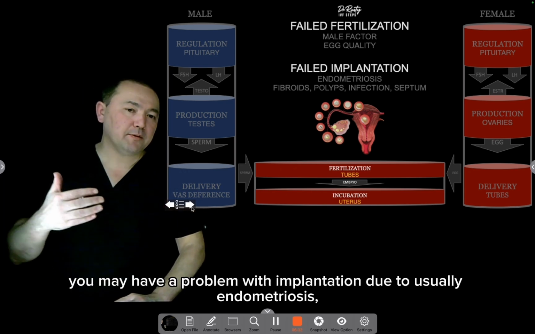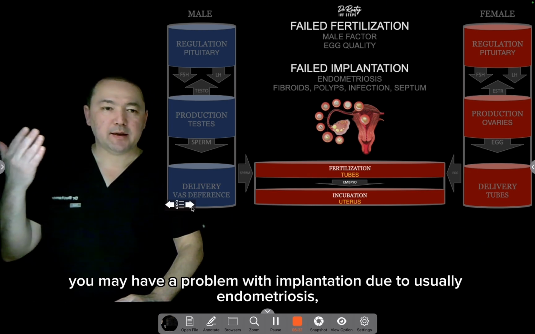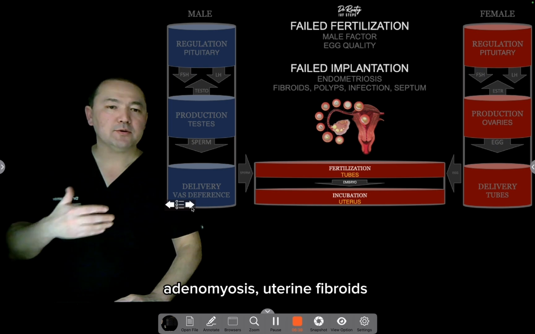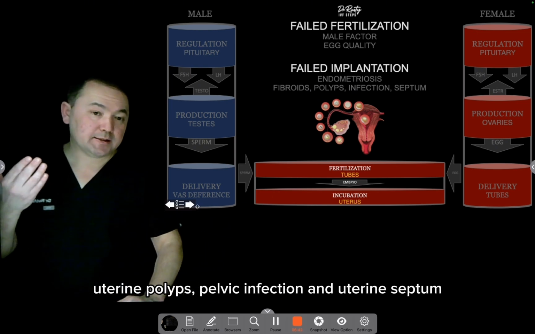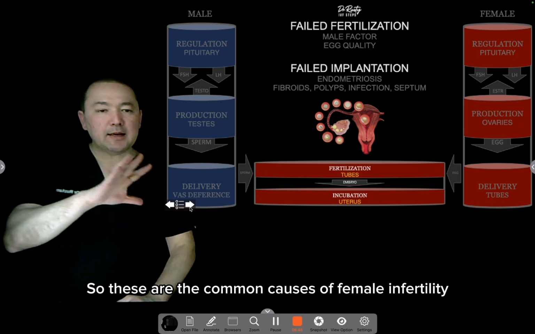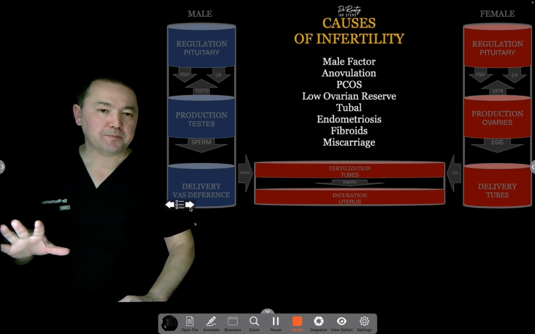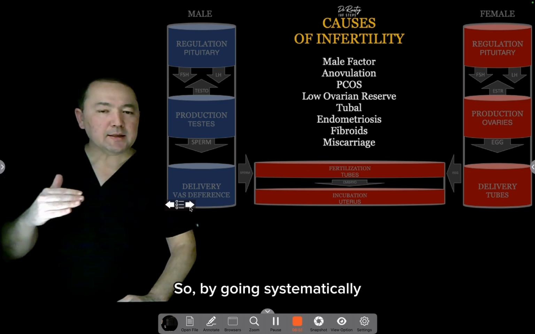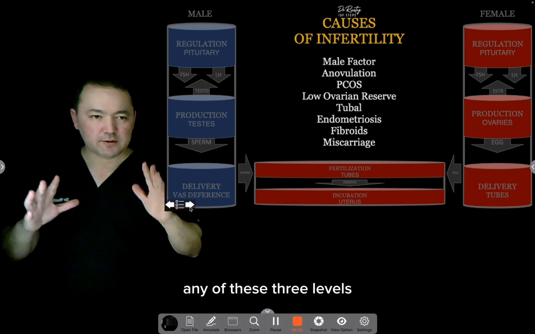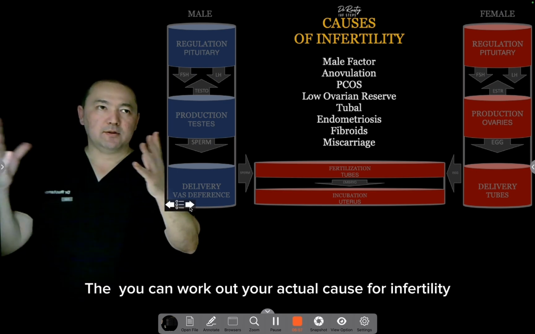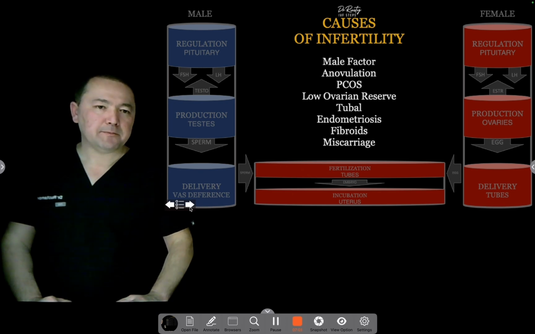Also, you may have a problem with implantation due to usually endometriosis, adenomyosis, uterine fibroids, uterine polyps, pelvic infection, and uterine septum. So these are the common causes of female infertility. Going systematically, you can try to understand if you have a problem in any of these 3 levels, then you can work out your actual cause for infertility.